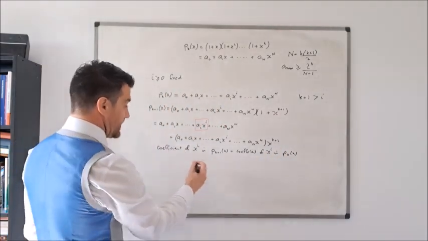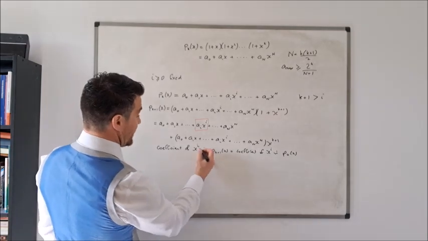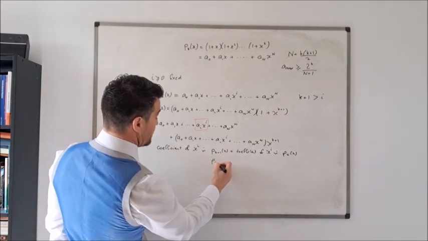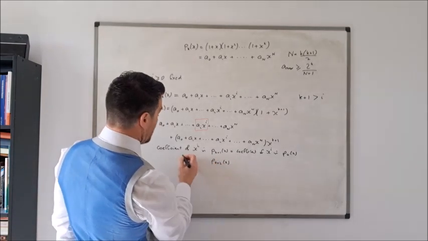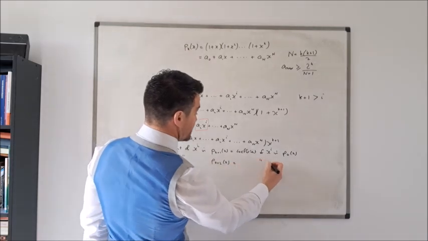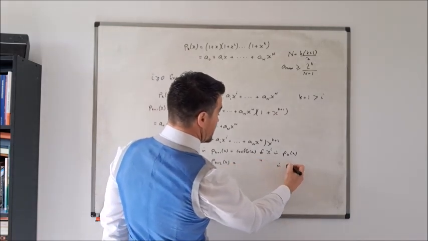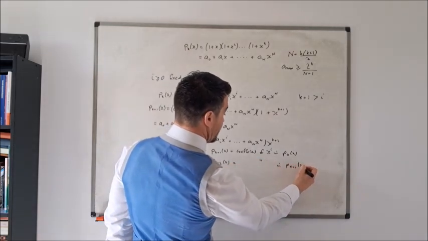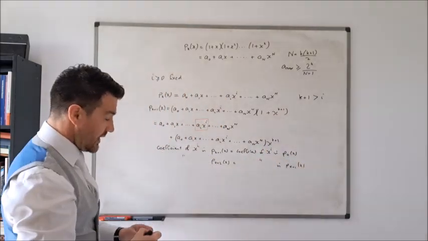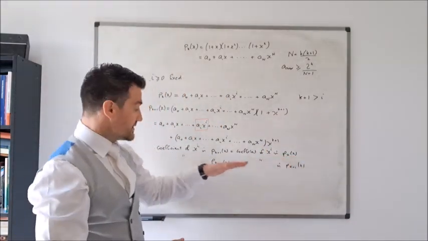And we can continue this. So the coefficient of x to the power of I in p_{k+2} of x is going to be equal to the coefficient of x to the power of I in p sub k plus 1 of x, and hence in p_k of x, and so on and so forth.